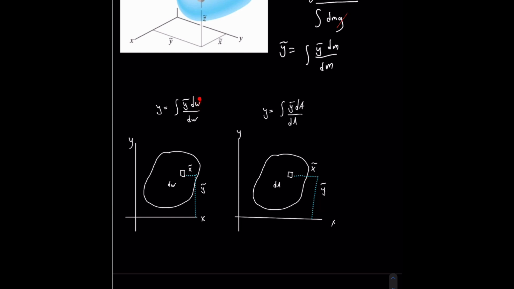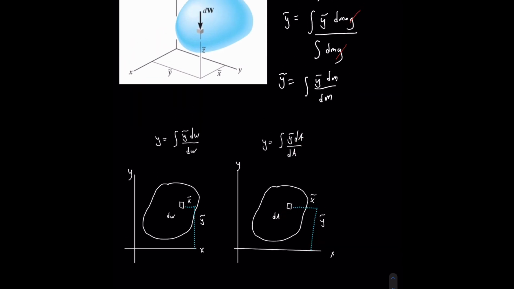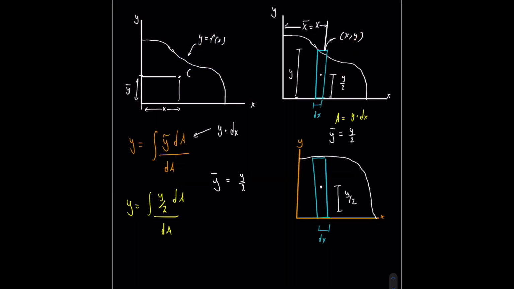This is an infinitesimally small dm. This is an infinitesimally small d area. I'm talking about this because I'm going to use the area to solve my example later. Centroid of an area, centroid of mass, centroid of gravity. It doesn't matter, it all acts along the same geometrical center of the body.